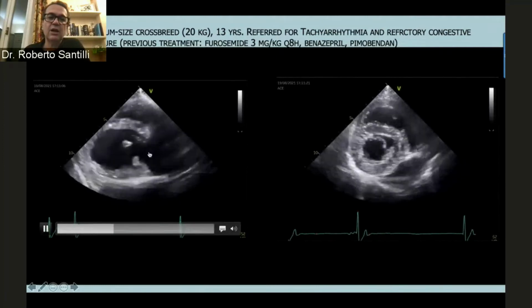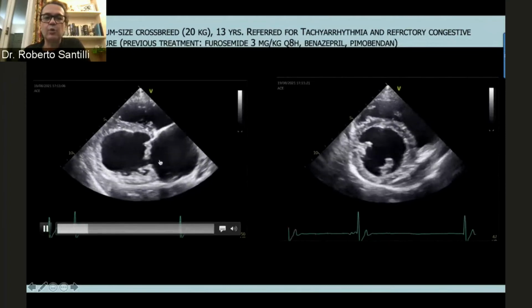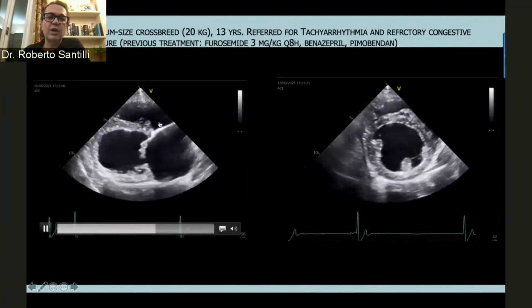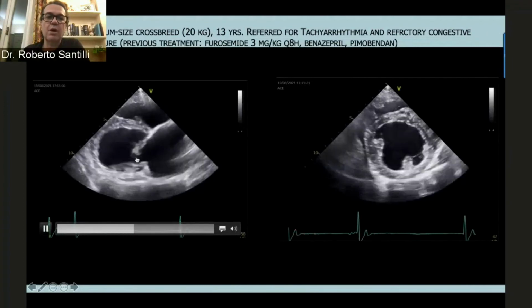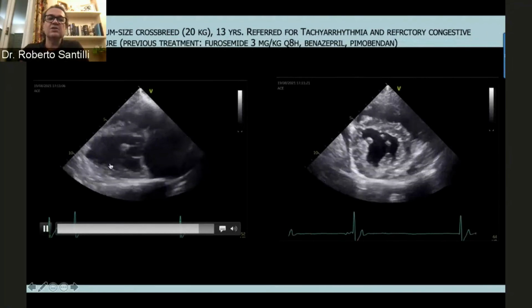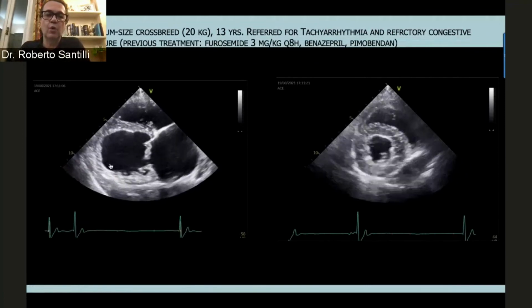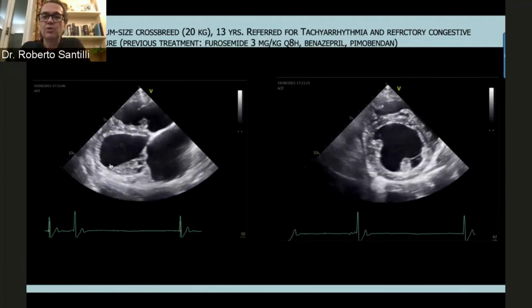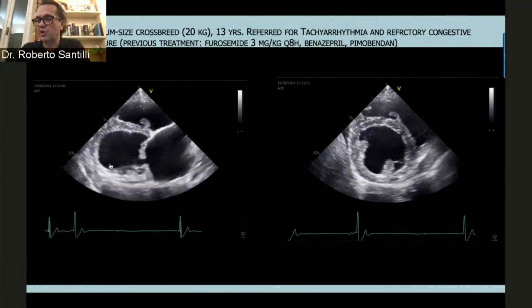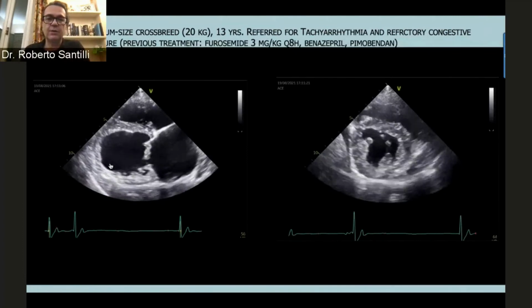I think a dog like this has almost 75% of backward flow and just 25% of antegrade flow. And therefore, if you drop the heart rate, since you have already a drop of stroke volume, you have a fall of the cardiac output. And that's why this dog was in cardiogenic shock. It's a bradycardic cardiogenic shock.